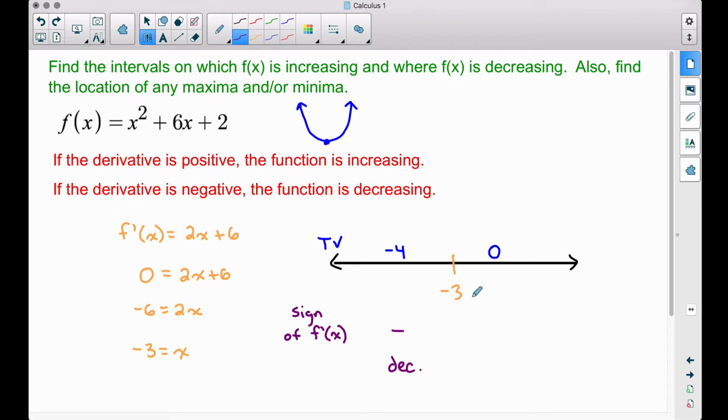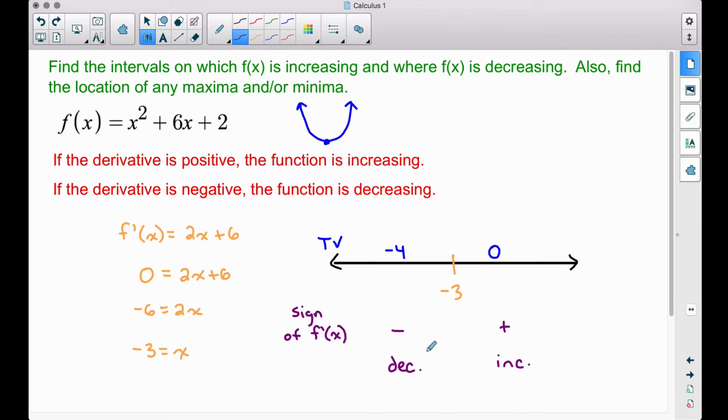What about on the right side of -3? Let's test our derivative at this test value of 0. 2 times 0 is 0, plus 6 gives us a positive 6. So when we plug in any number to the right of -3, I just tested 0, you will get a positive number for your derivative, which implies if the derivative is positive, the function is increasing.